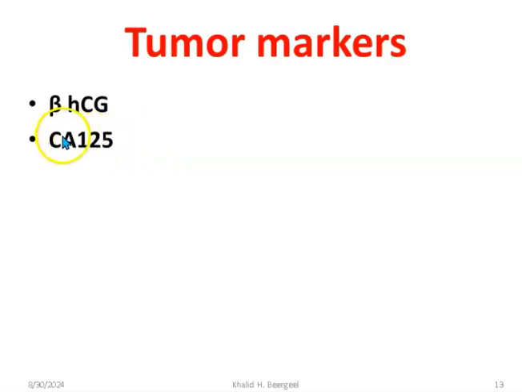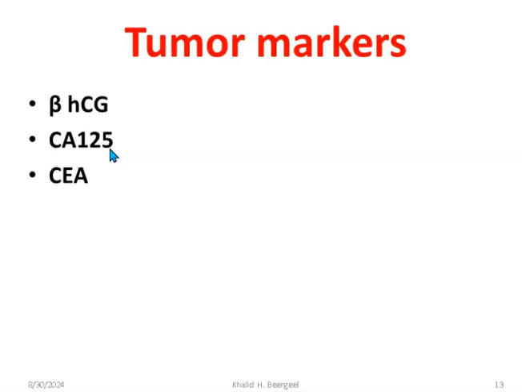But you can differentiate all these things by the CA125 level. For example, if it's due to malignancy, it will be a very high level, in thousands or in hundreds, while with the other things it may be a mild elevation.